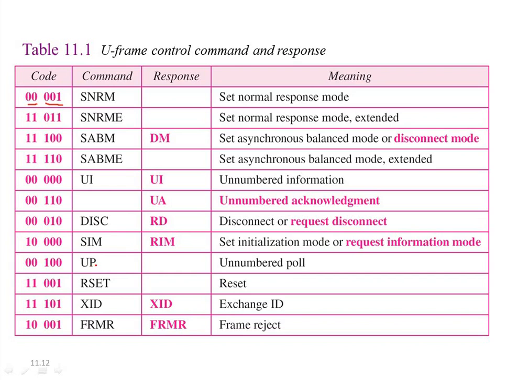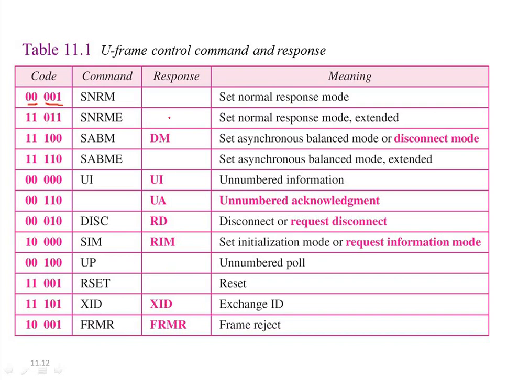Then unnumbered poll for the next. So you can see that there are various combinations of these 5 bits. 00 means the first 2 are the prefix and the 3 are the suffix. With that it has come up with a different command and response for the control field used for a U frame.